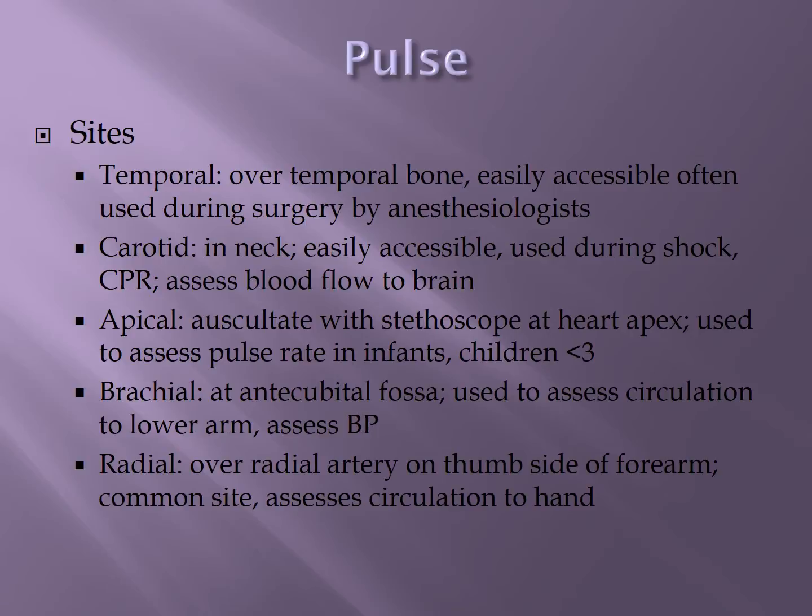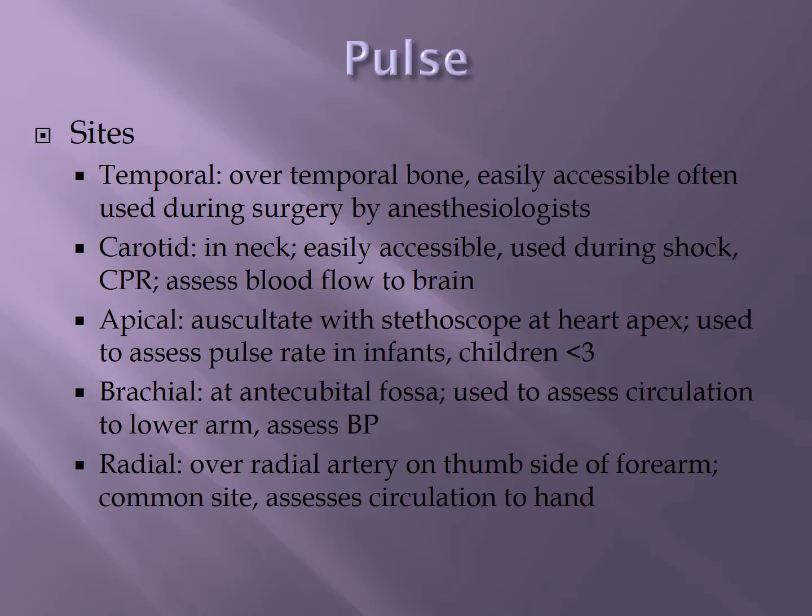Now, one problem with this is in women, you will have to manipulate the breast to get the breast out of the way. In men, oftentimes it's real easy to do because that spot is going to be almost directly below the nipple. Of course, in children and infants, that's an easy area to find.